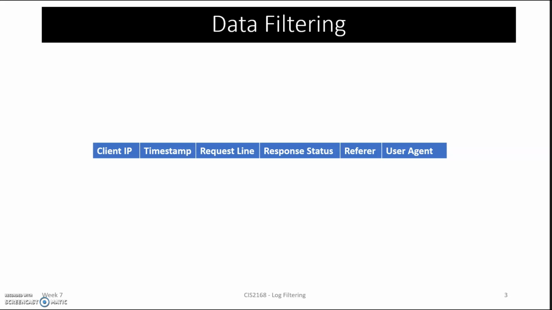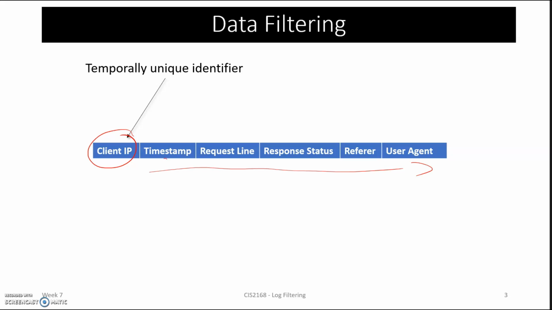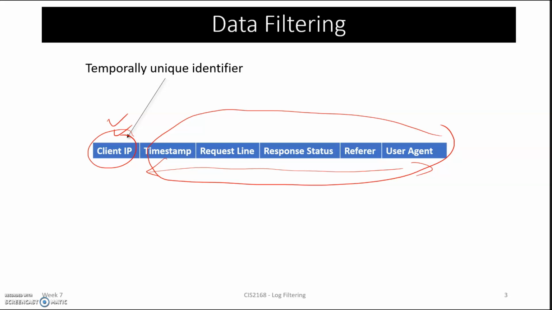For example, if you want to perform temporal identification, you can just use the IP address and ignore all the other fields. So your operation, your simulation, your program will work only on this field. So the processing time of the system will be low. It means that the system is more efficient, because all fields are not required to complete any task related to temporal unique identifier.